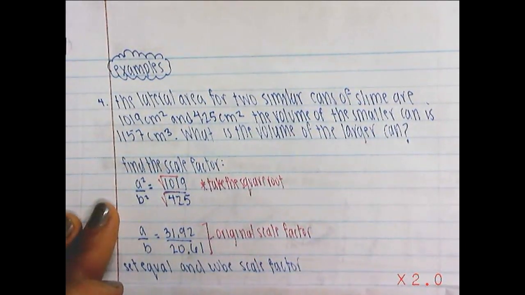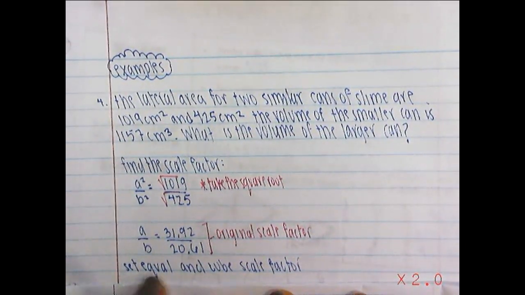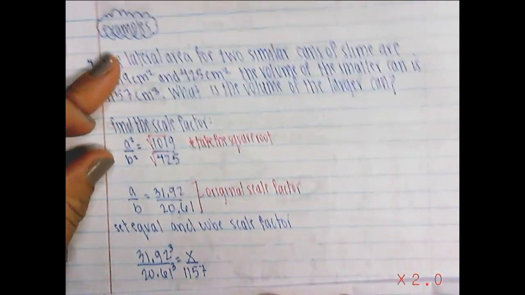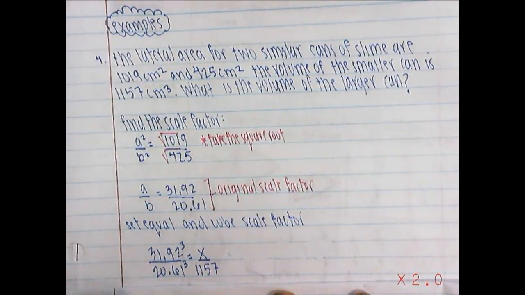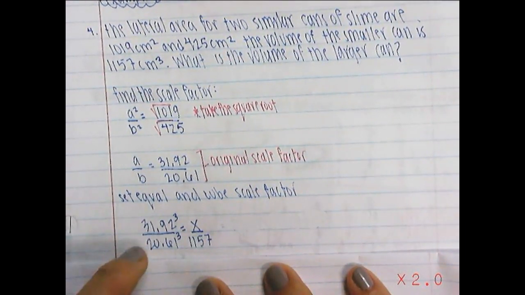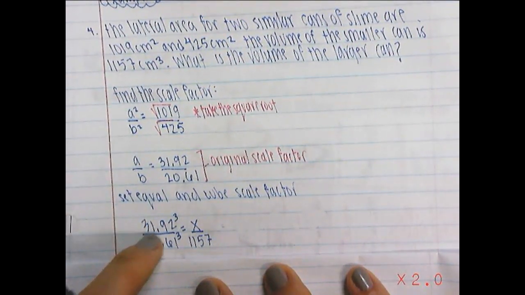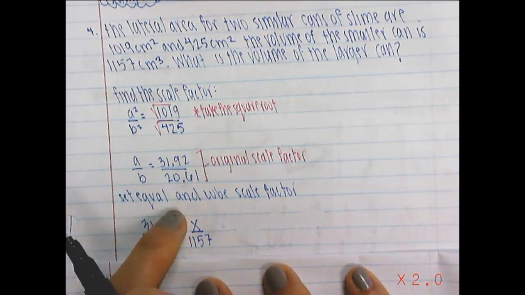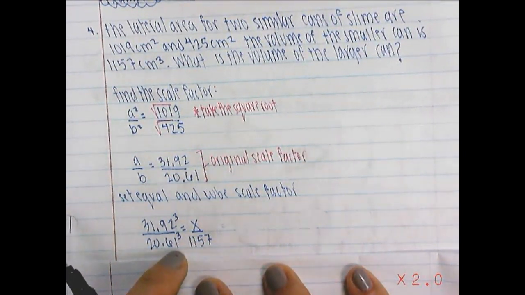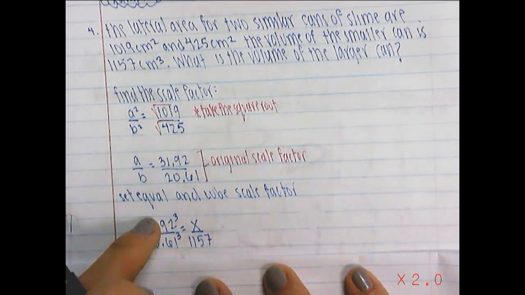So now we want to set this equal and cube the scale factor. What do you mean by that? Okay, well, I want to go ahead and set them equal to each other. So I'm going to take 31.92, cube it, and set it over 20.61 and cube it, right? We have to cube it because we're looking for volume.